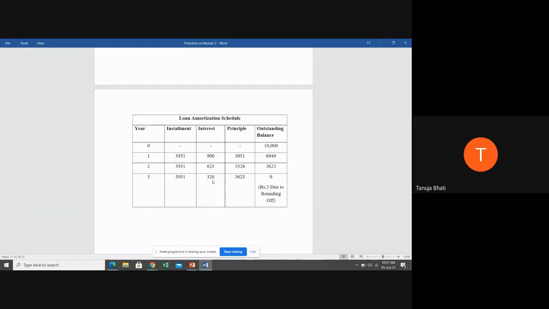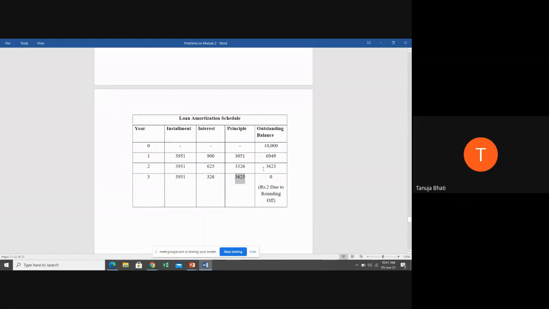You can write them if you want, but I am considering the whole digit. So 326. Now, how did we derive this principal amount? The principal amount is always got by subtracting the interest from your annual installment. So 3951 minus 326, you get 3625.